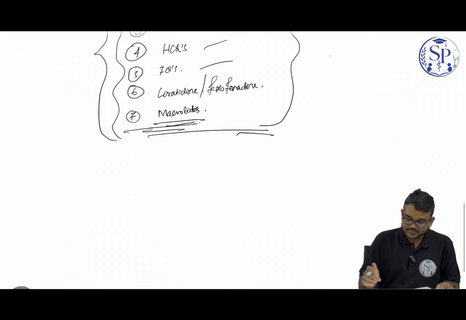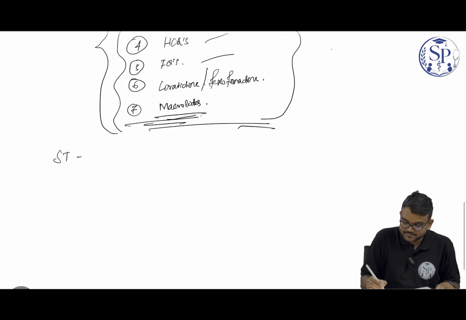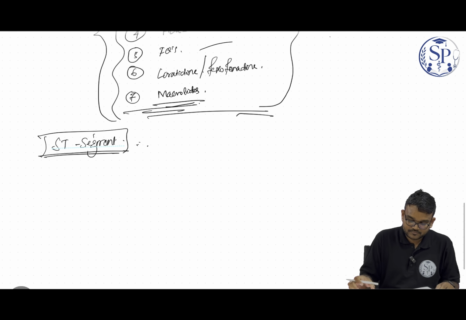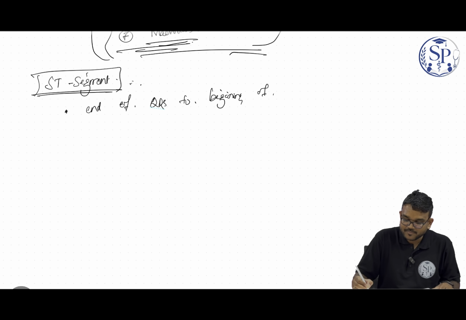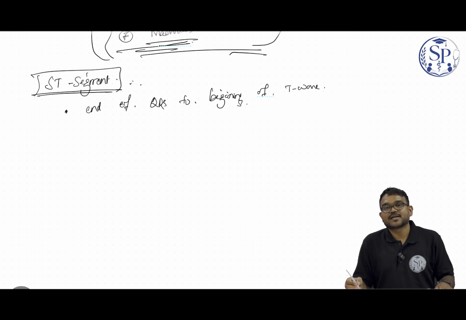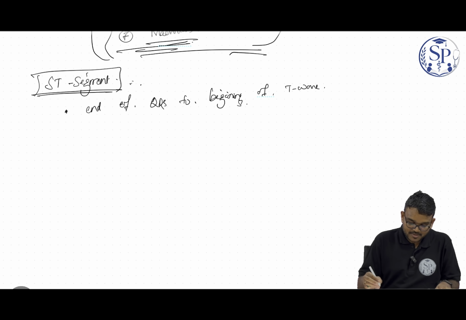Now, coming to the ST segment. The ST segment signifies the end of the QRS complex to the beginning of the T wave.